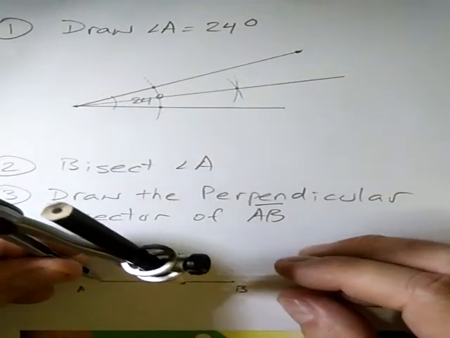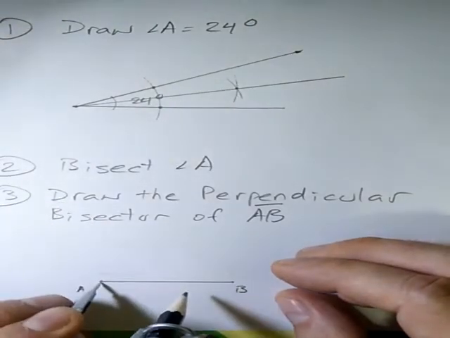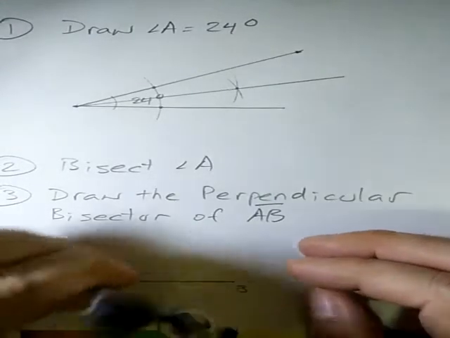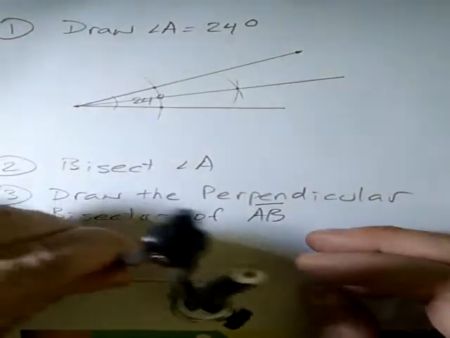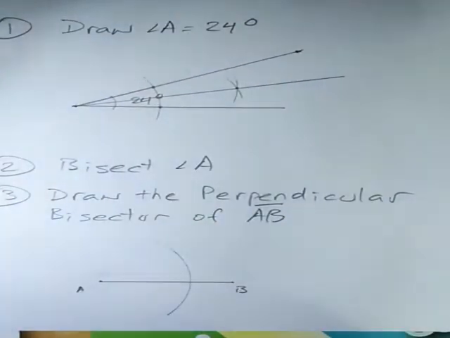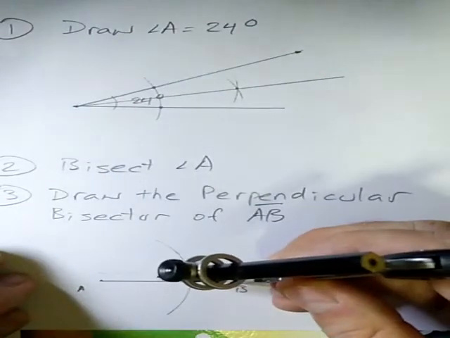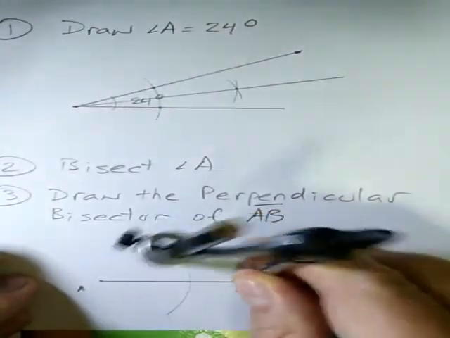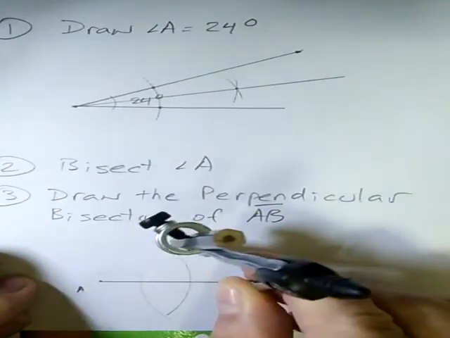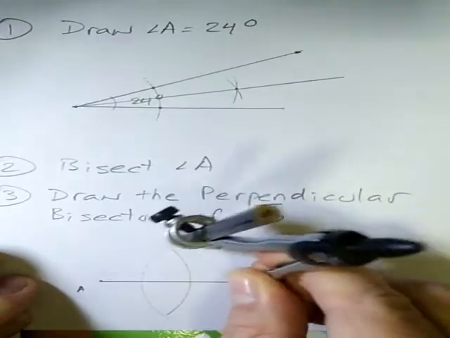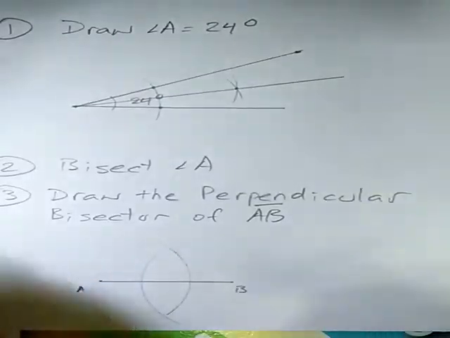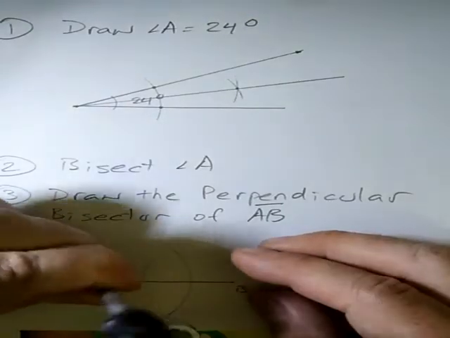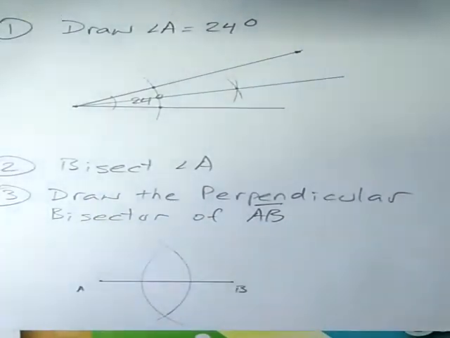Then, placing the needle at one point, I'm going to make an arc, like so. And then at point B, I will do the same with the same length that I used at point A. If your compass opens up a little bit, you need to do it again and make sure that both of these arcs are the same length.